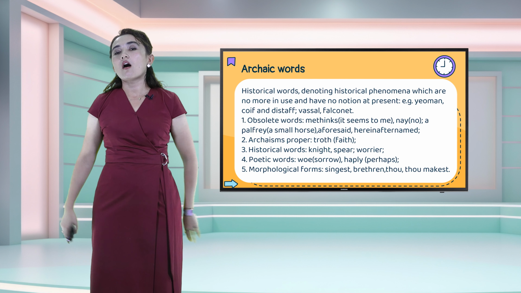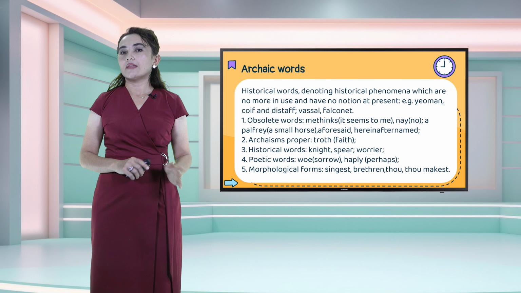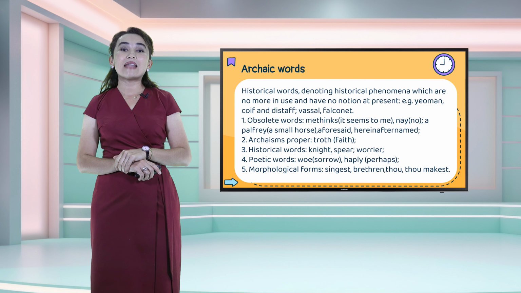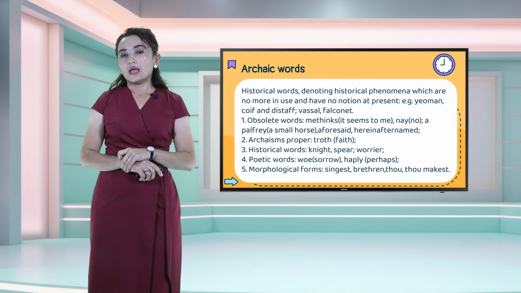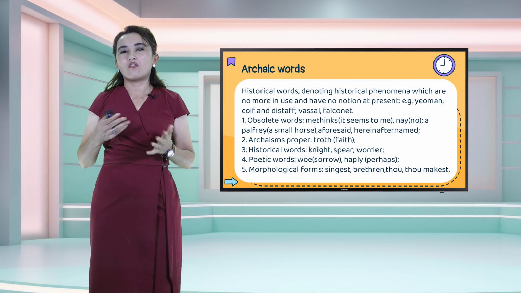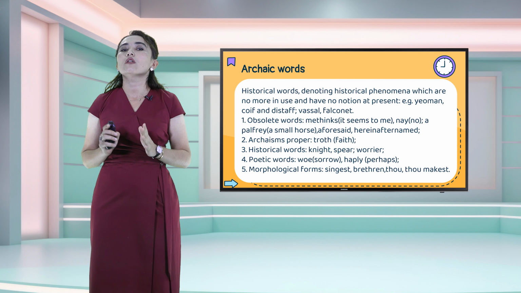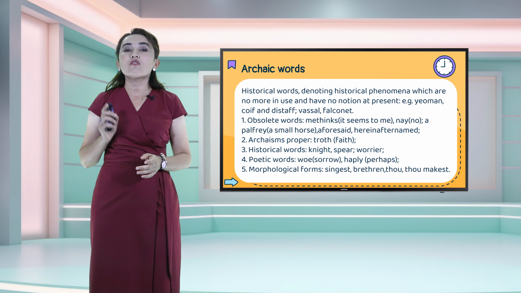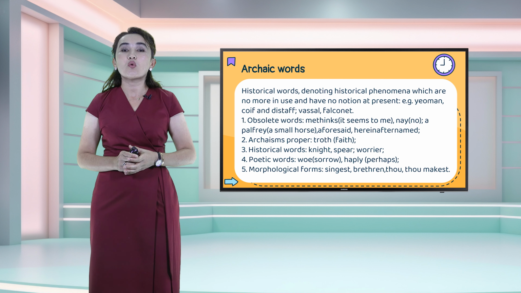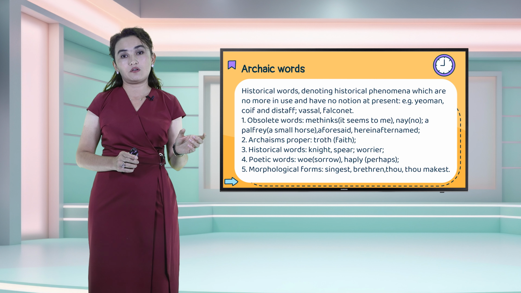Archaic words belong to Old English, and they are not recognized nowadays, unfortunately. So what is the function of old words, archaic words? The main function of archaic words is to create a realistic background in historical works of literature.